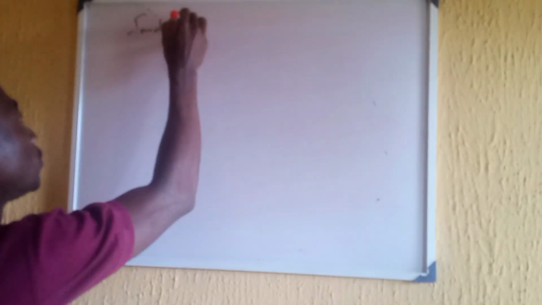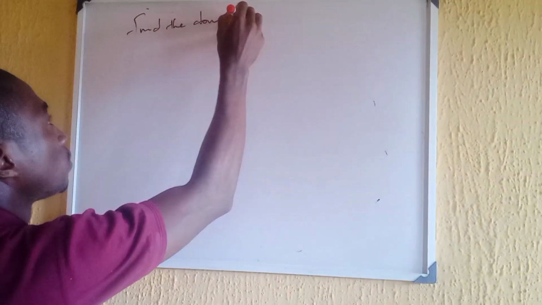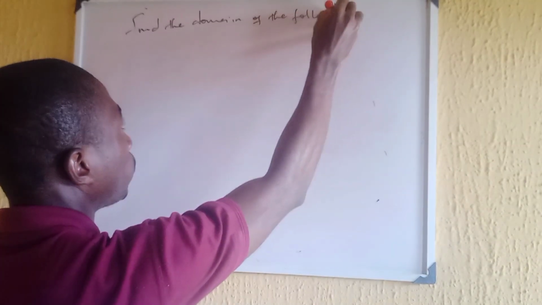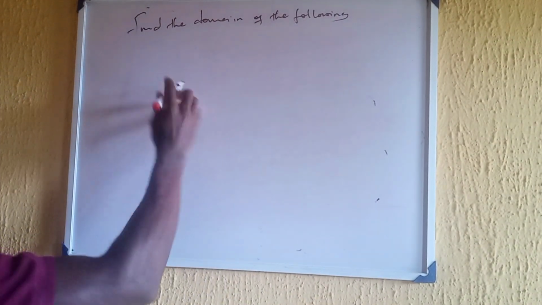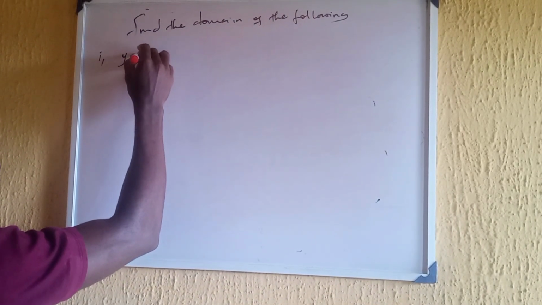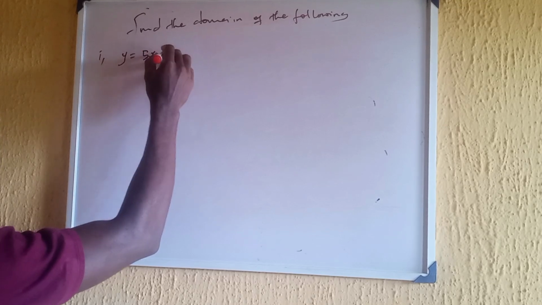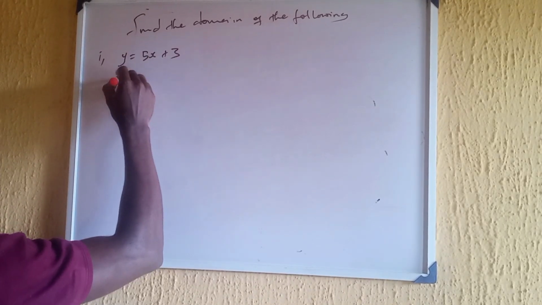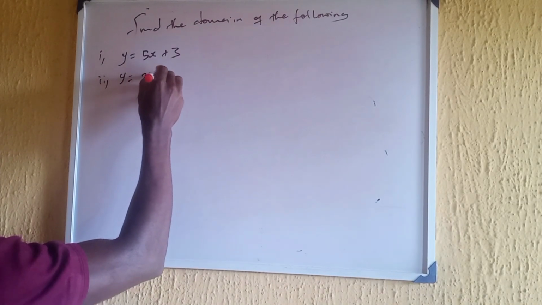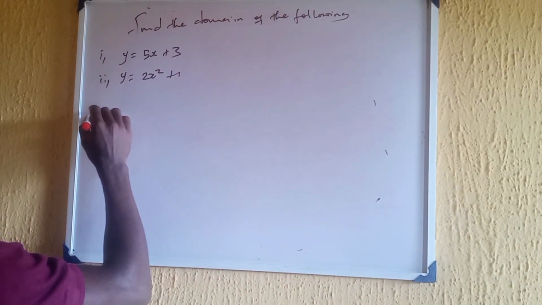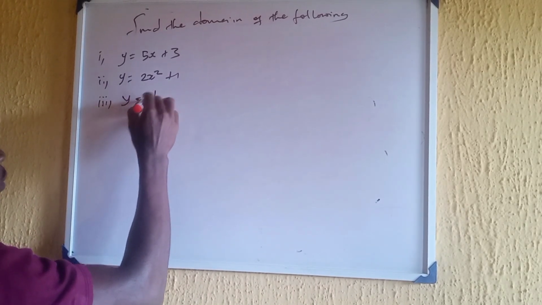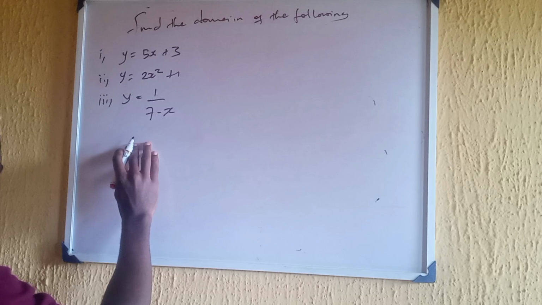Find the domain of the following. i, y equal to 5x plus 3. ii, y equal to 2x squared plus 1. iii, y equal to 1 over 7 minus x.